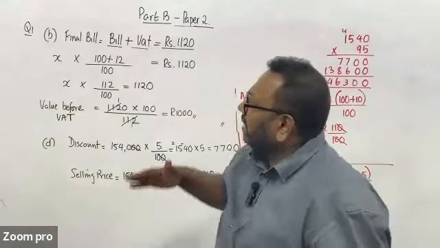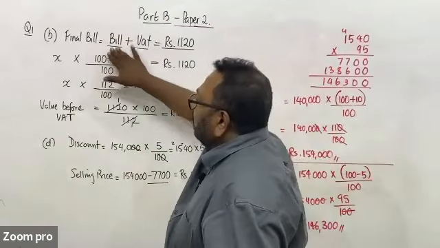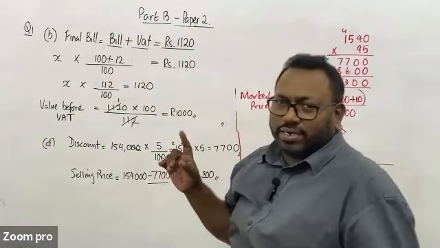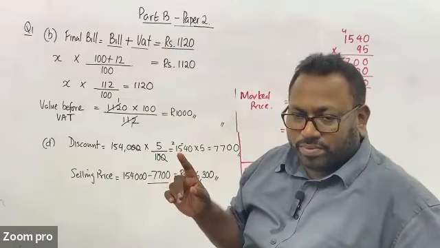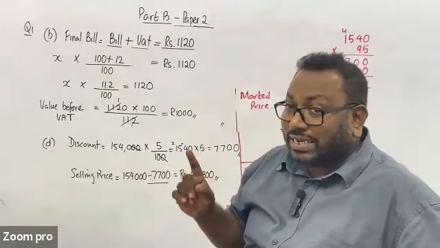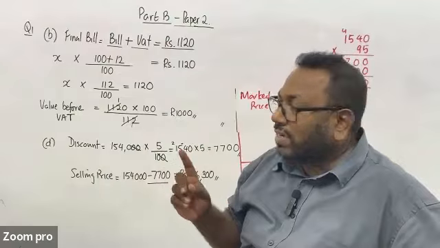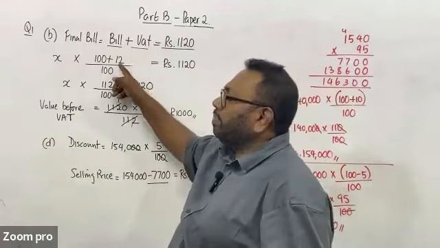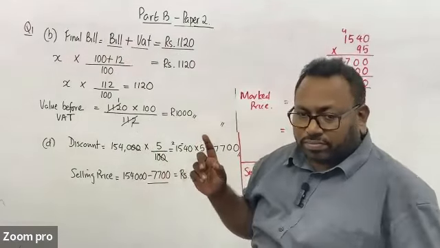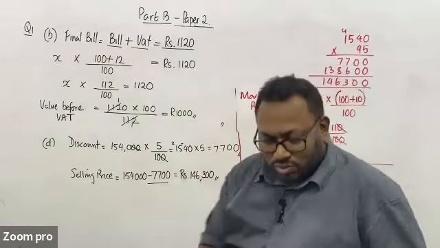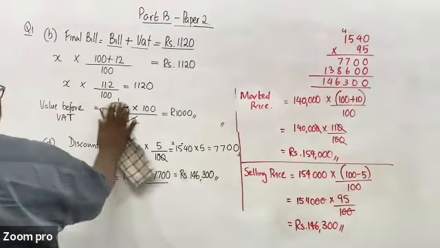Now here what they're saying is the bill amount plus your VAT amount is equal to 1120. What is your VAT percentage? We don't know how much your VAT amount is, but we know the VAT percentage is 12%. So let's try to calculate this.